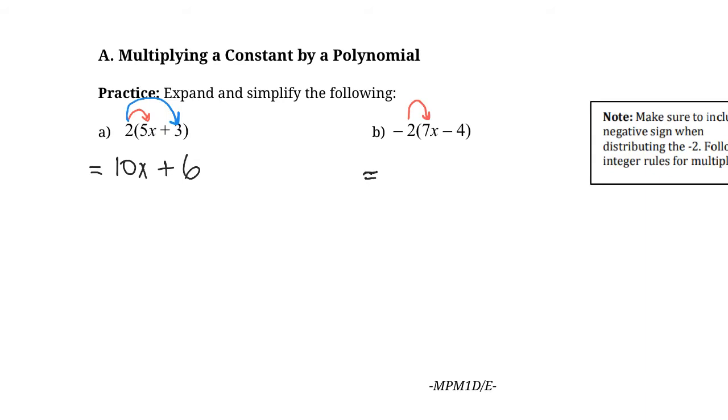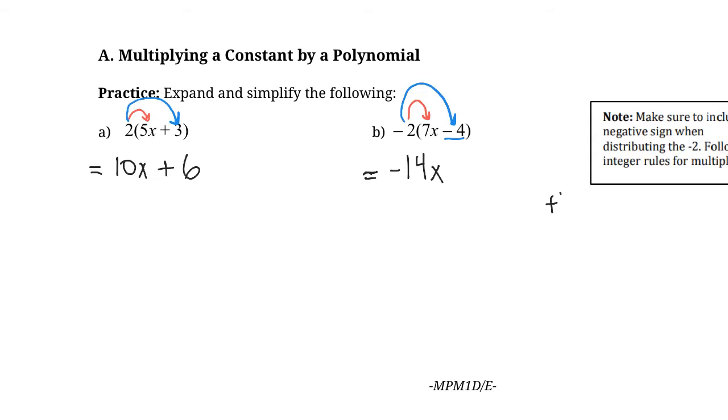Negative 2 multiplied by 7 is negative 14, and we have an x, so we're going to attach that. Then we move on to the next set: negative 2 multiplied by negative 4. So remember your rules for integers and the signs. I'm just going to write them over here on the side.